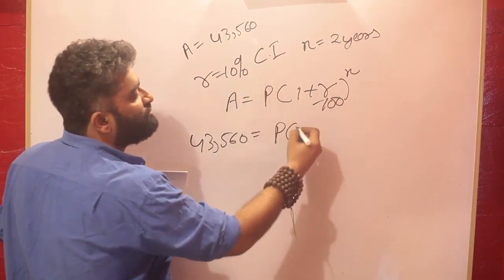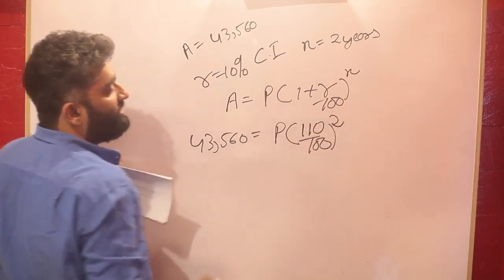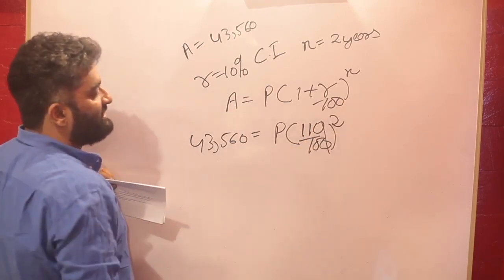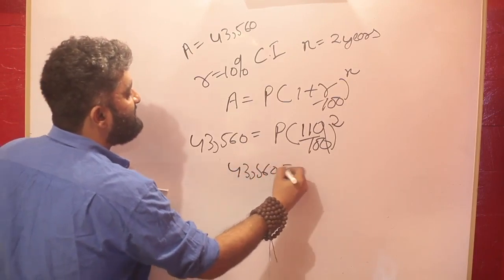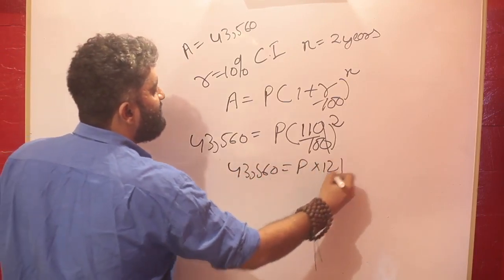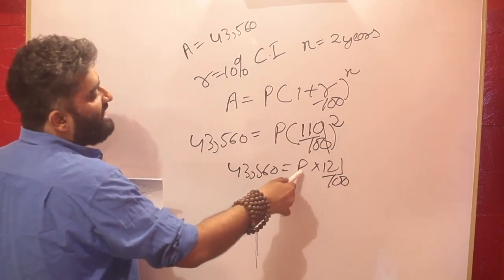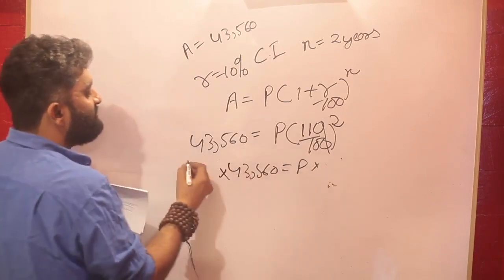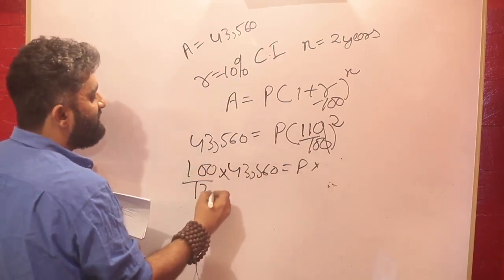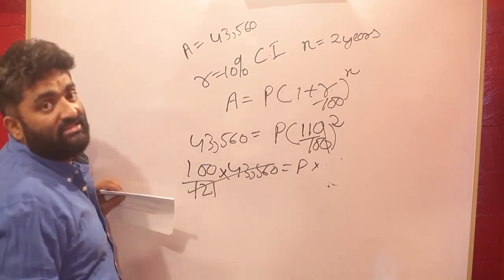R is 10%, you should be faster by now. This is 110 by 100 square. This 0 gets cancelled, so 43,560 is equal to P into 121 by 100. So all I have to do to figure out the value of P is move this 121 by 100 to this side, and it will become 100 by 121. Calculate this and you will get your answer.